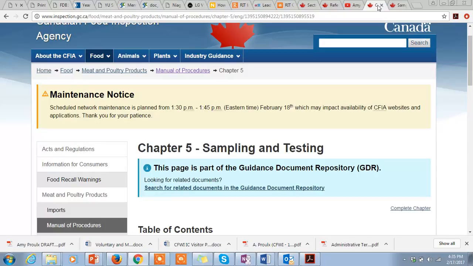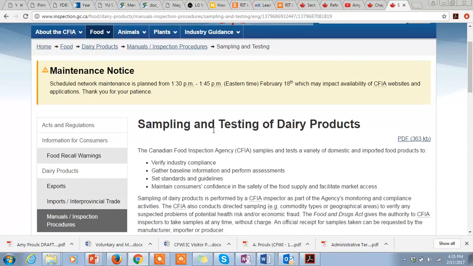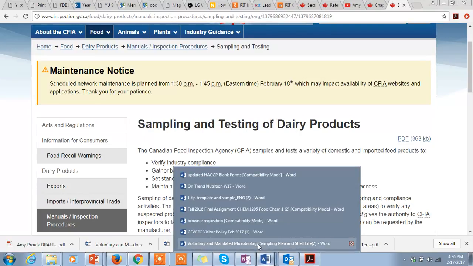Each different program, meat and poultry for example, has its manual procedures, and they have a whole section on sampling and testing protocols. Same with dairy.